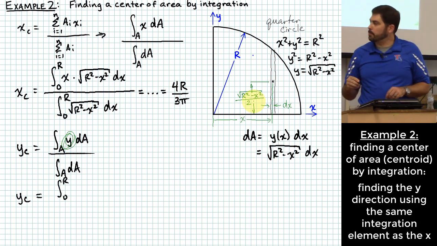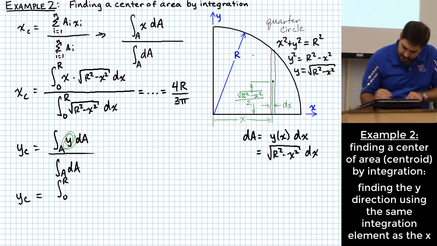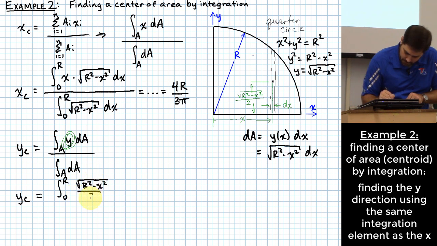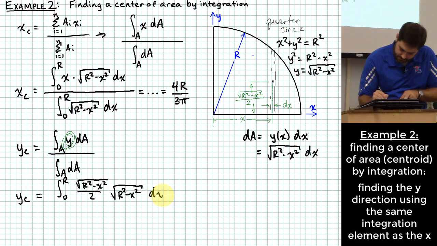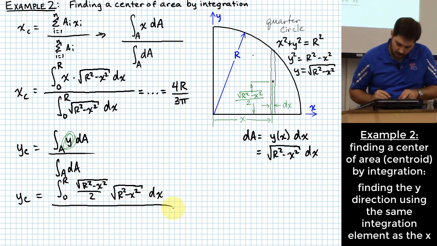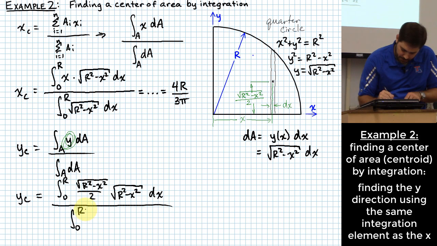And so when we plug that in, it ends up being square root of r squared minus x squared over 2 times our dA, which is going to be the square root of r squared minus x squared dx. All of this over the integral from 0 to r of just the square root of r squared minus x squared dx.